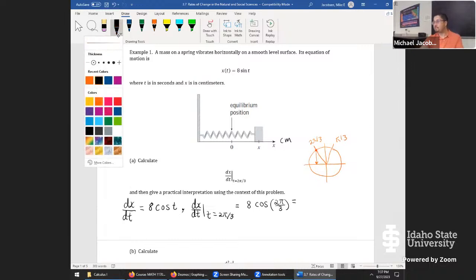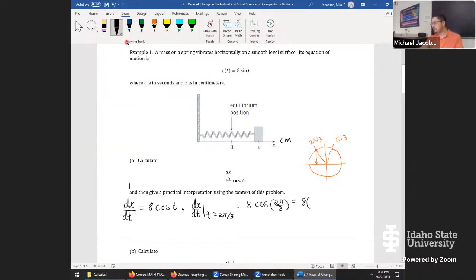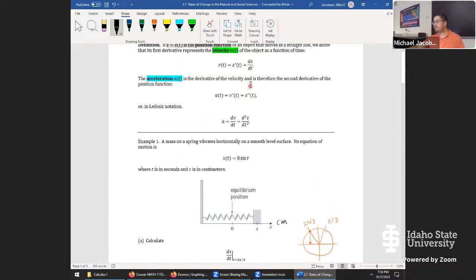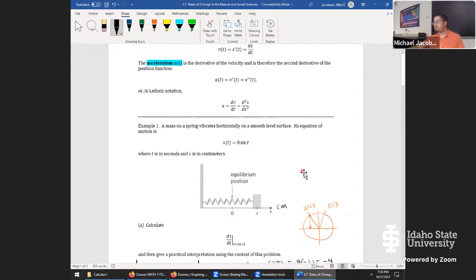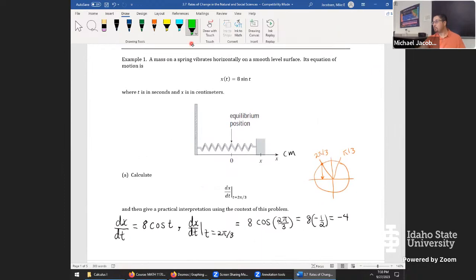So this turns into 8 times -1/2, which gives us a -4. But that -4 is kind of special, actually. It's a velocity. We took the derivative of a position function, that's what x was, measuring the position at time. So we have a velocity of -4.